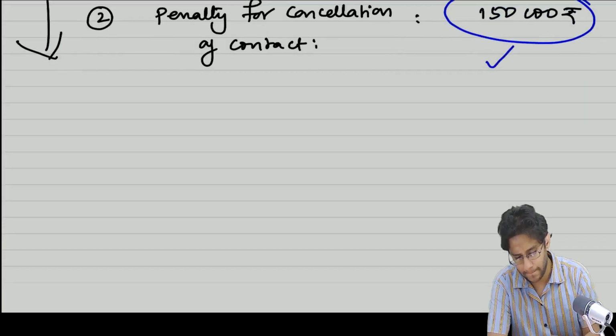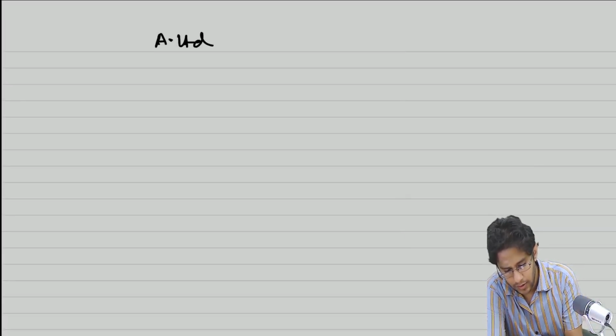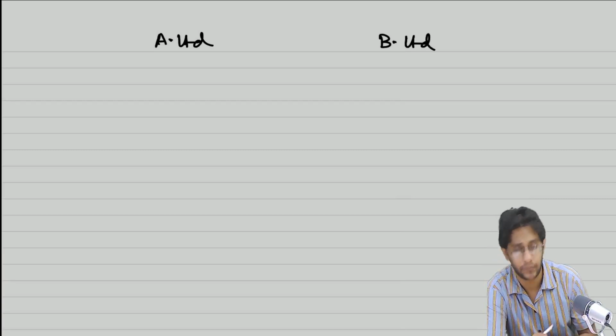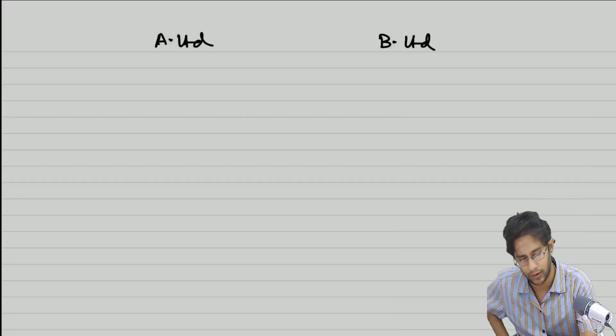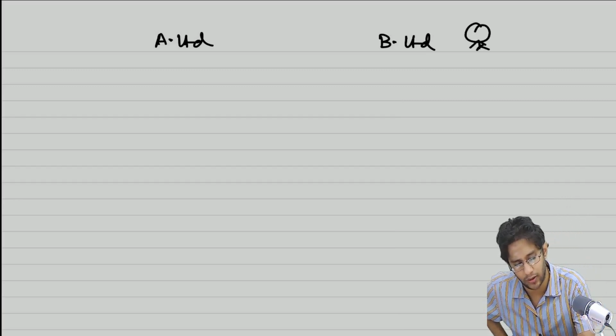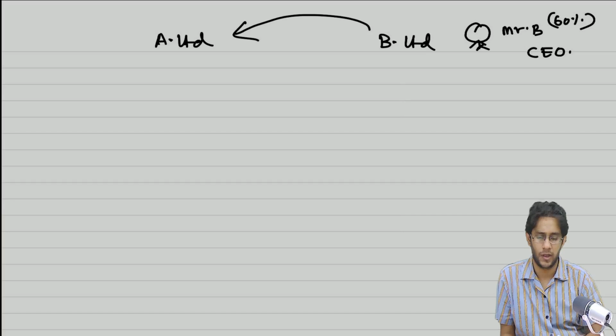Next. A Limited absorbs B Limited. B Limited's business is entirely new for A Limited, but they have taken it over. There is one shareholder, Mr. B. This Mr. B is a 60% shareholder. He is also the CEO of this company. A Limited now takes over B Limited.